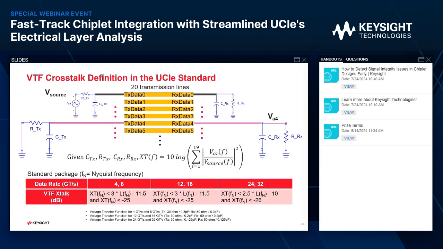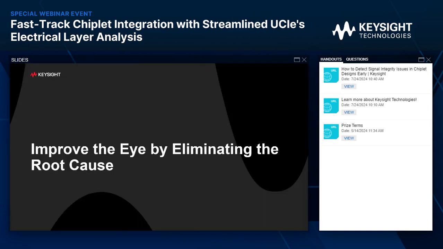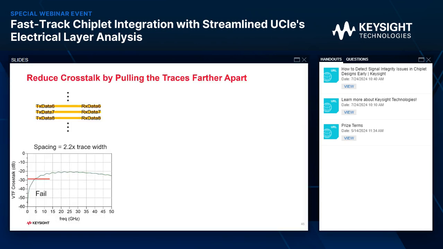All right, moving on. Now we know the root causes. We can improve the eye by eliminating them. Let's see how we do that. Right now, our VTF crosstalk looks like this with a 2.2 trace width apart. What we need to do is to reduce the crosstalk, so we will pull the traces far away to 3x and to 5x.